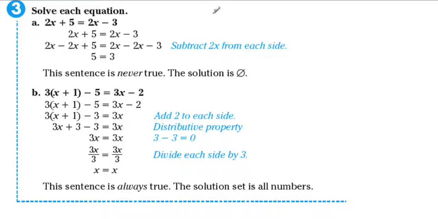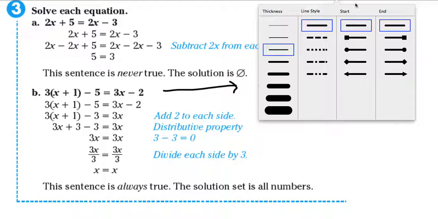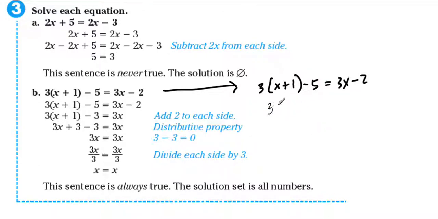What I said in the beginning was that we use the distributive property, so we can do this too. Let me copy that first. Minus 5 equals 3x minus 2. So using the distributive property, this becomes 3x plus 3 minus 5 equals 3x minus 2.